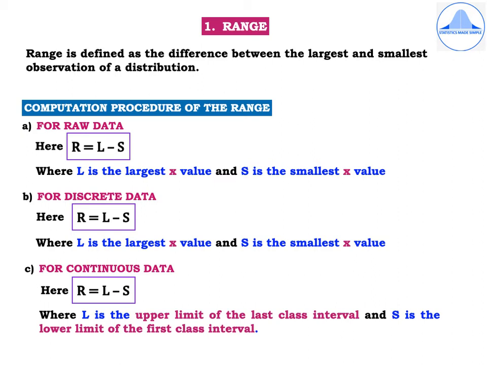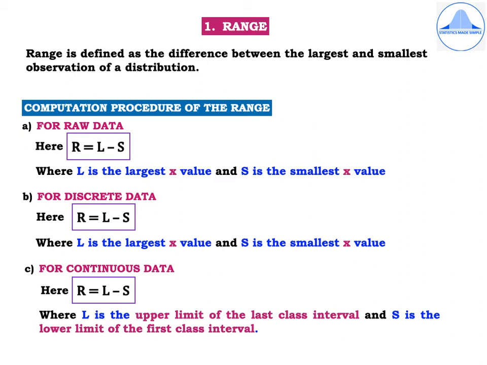Subdivision B, for discrete data. You're aware that the x values and the frequencies will be given. But we make use of only the x values, and the range is R equal to L minus S, where L is the largest x value and S is the smallest x value.